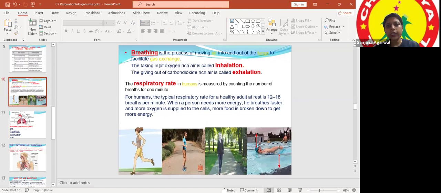Noted, the taking in of oxygen-rich air is inhalation, and giving out of carbon dioxide-rich air is exhalation.